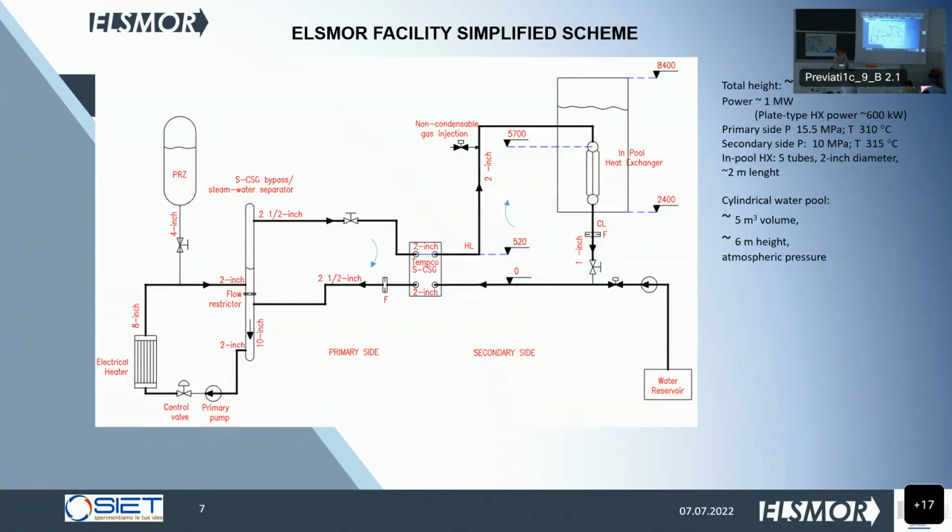speaking about. So we have a primary side. In the facility, it is represented by an electrical heater, a pump that circulates water, and a vertical tank.